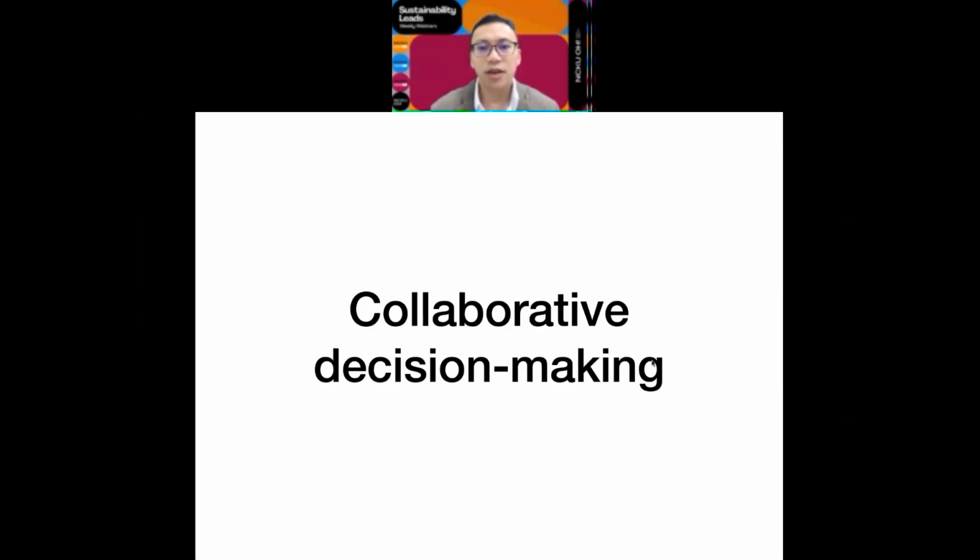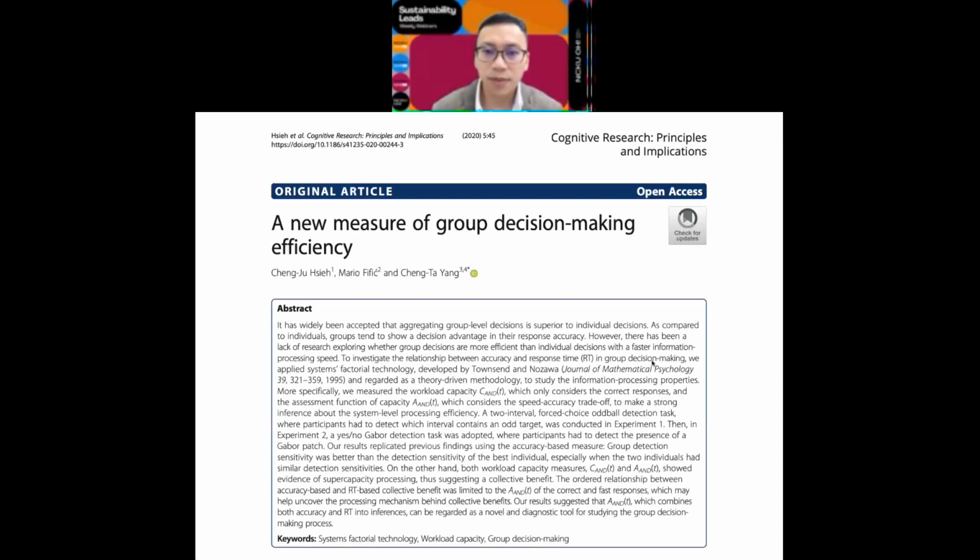You can treat the collaborative system as an integrated system, and we can see how people's inputs are integrated in the collaborative system. We published one paper here, and we use SFT to provide a new measure of group decision-making efficiency to quantify the quality and quantity of how people work together.